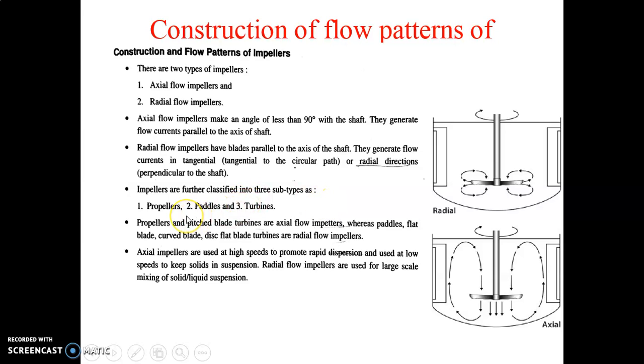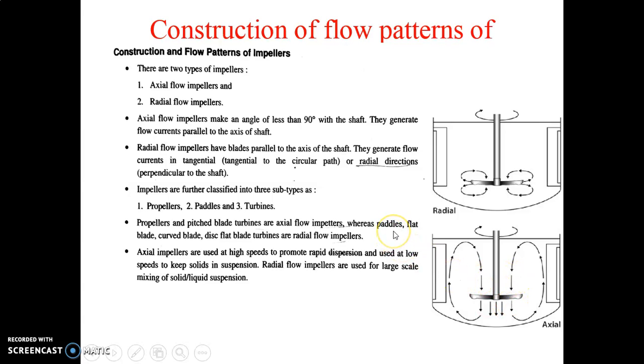According to these types, impellers are classified into three subtypes: propellers, paddles and turbines. In the case of propellers, there is one type known as the pitch blade turbine. These are the axial flow impellers, so the current is produced like this.